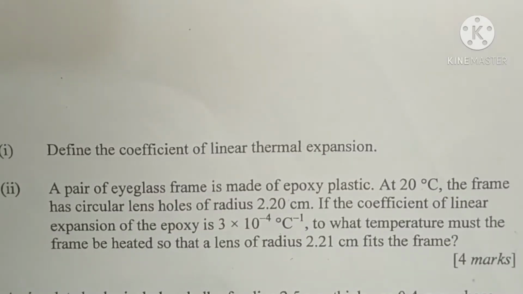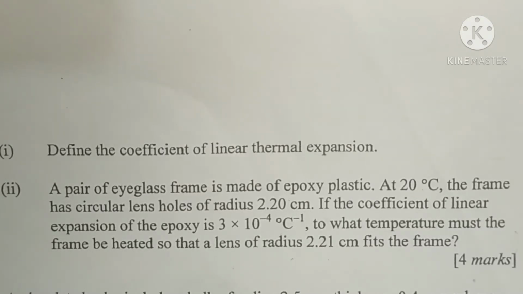For Roman 2, a pair of eyeglass frame is made of epoxy plastic. At 20 degrees Celsius, the frame has circular lens holes of radius 2.2 cm.